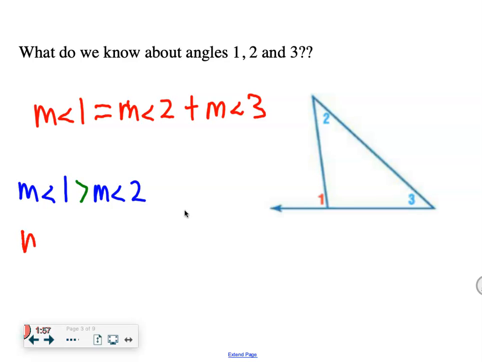What about if you compared the measure of angle 1 to the measure of angle 3? It has to be bigger, since it takes 2 plus 3 to equal 1. Does that make sense? We're just comparing which one has to be bigger.